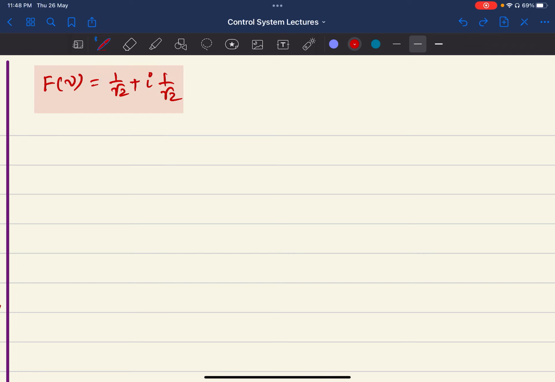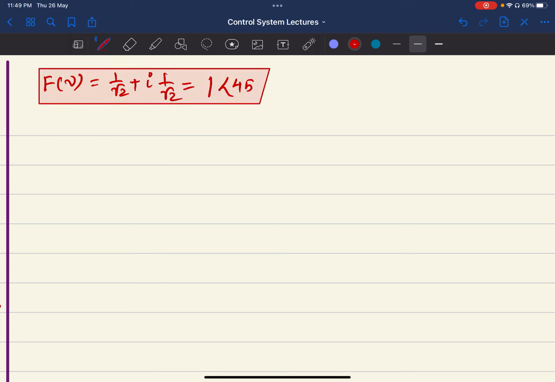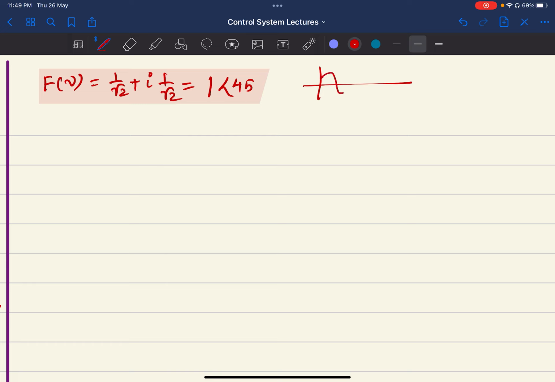This has magnitude 1 at an angle 45 degree. This is a signal with amplitude 1 and with a phase shift of 45 degrees. You can denote it like this. The phase shift is of 45 degree.